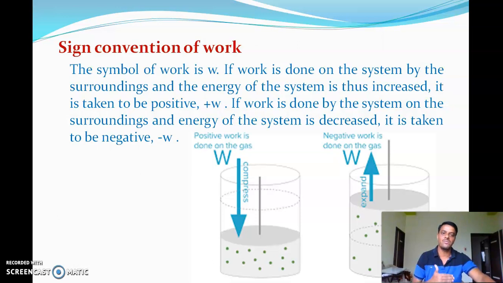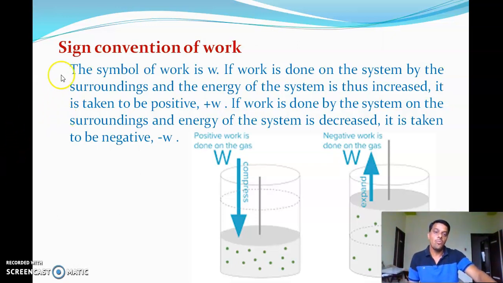That means we are transferring energy in the form of force to the system. Automatically the energy of the system gets increased. Work is done on the system, then the energy of the system increases, therefore it is taken as plus W.